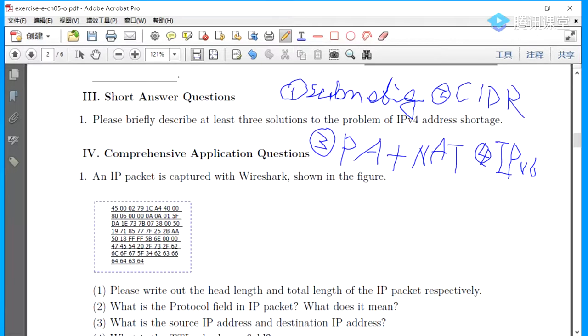So we can list at least the 4 solutions: subnetting, CIDR, private address combined with network address translation. Then the last one is IPv6, the new generation, because it provides this number of IP addresses.